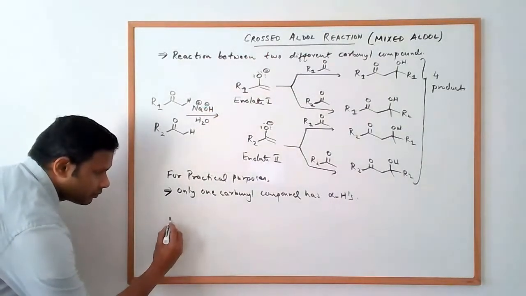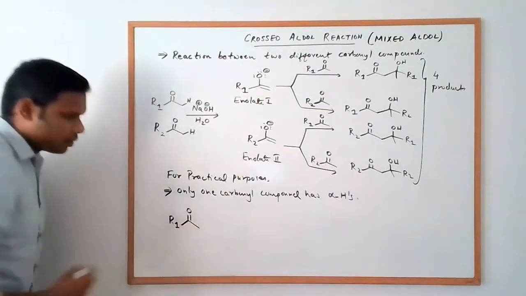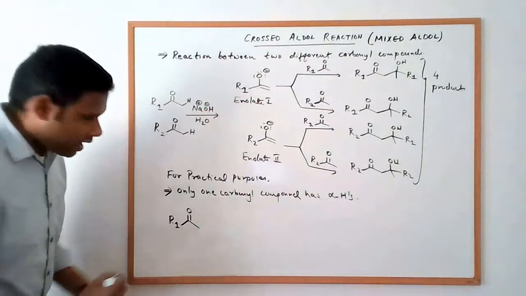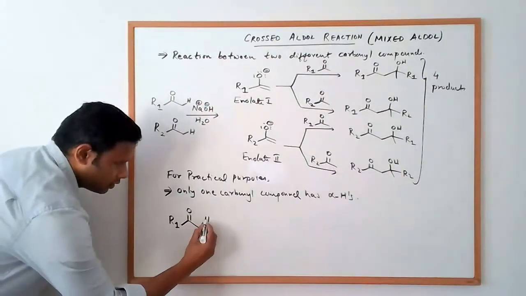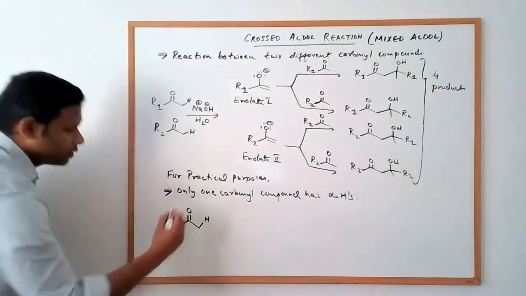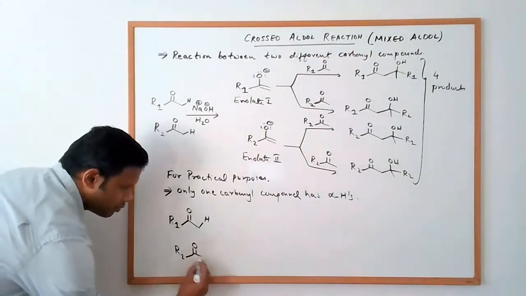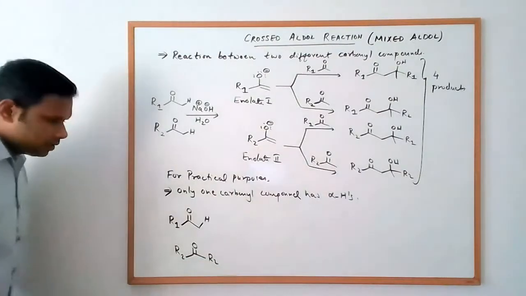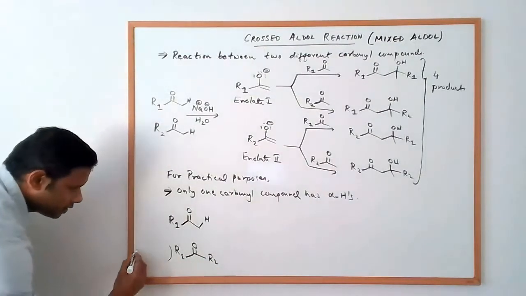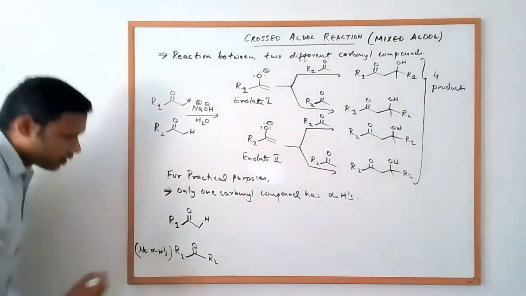Let's say we have R1, C double bond O, with alpha hydrogens. But the second compound, the carbonyl compound, is R2, C double bond O, R2, and we'll say that this has no alpha hydrogens.